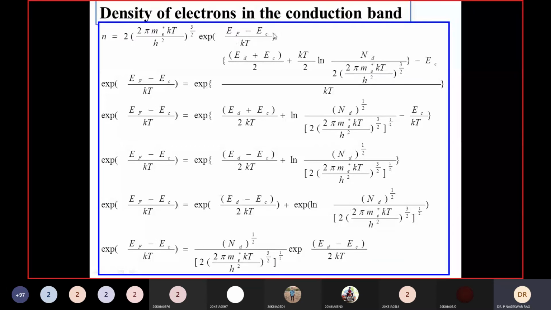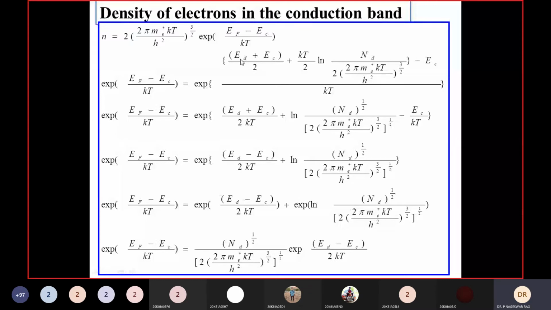Instead of EF here, we just substitute the EF value. Then we will simplify.